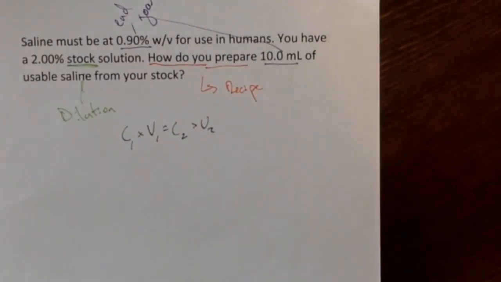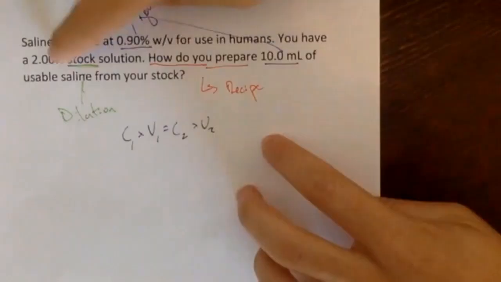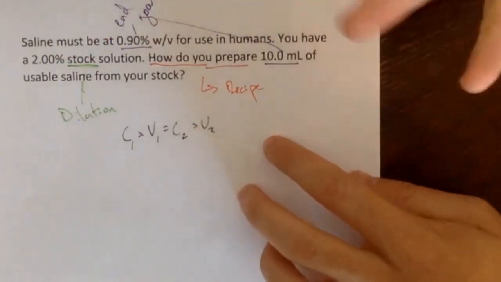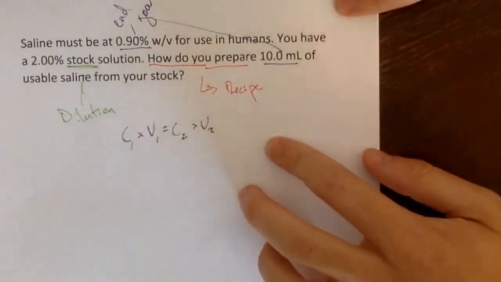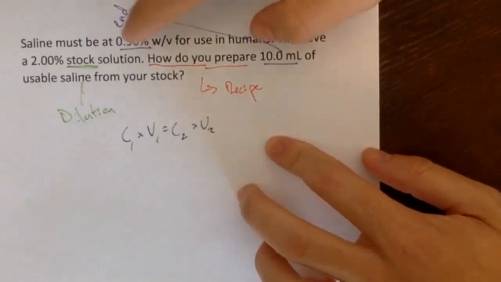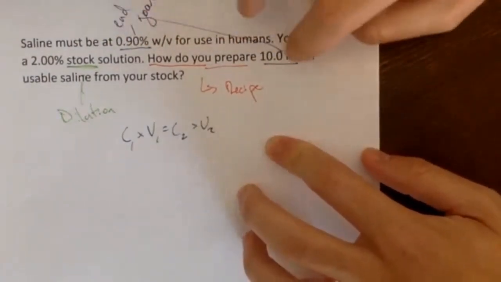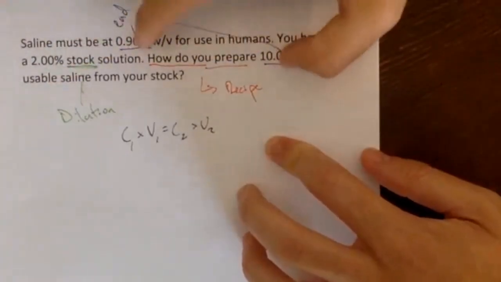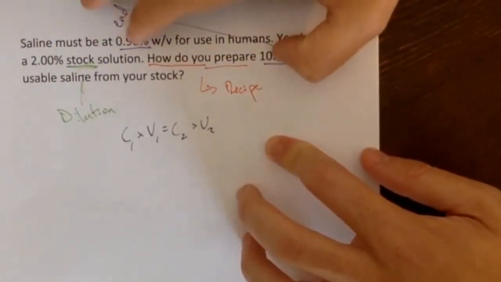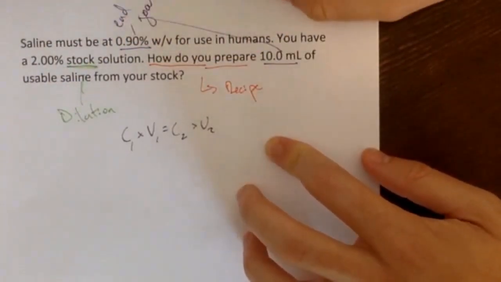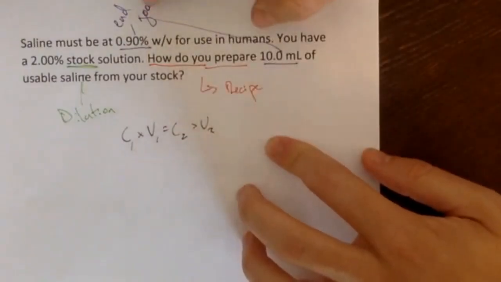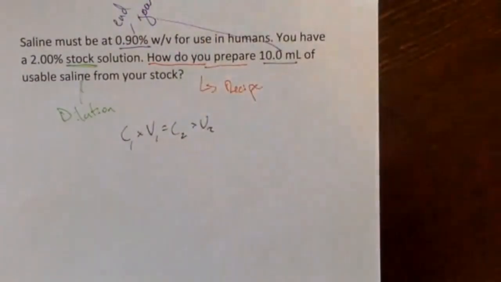And so we can go through the process of assigning those. One of the things that we want to check is, are our concentration units the same? That's good. With the dilution equation, we can just plug them right in. The 0.9% is the use in humans, 10 milliliters of usable saline. So those two are going to be paired together. That is a single solution, 1 or 2. Because it's the goal, normally we would make that 2.